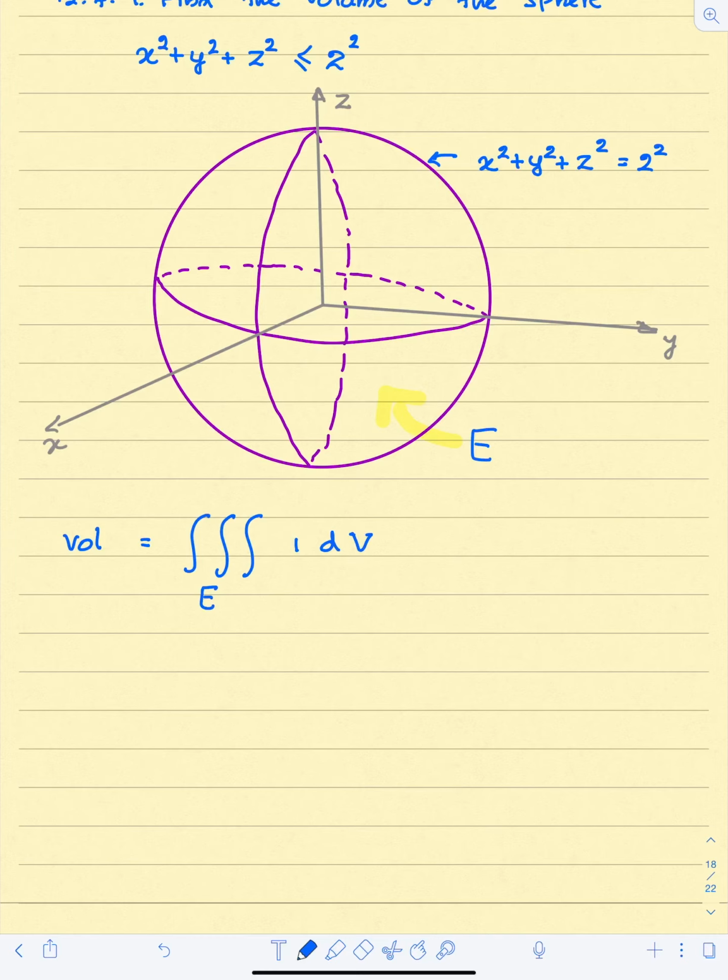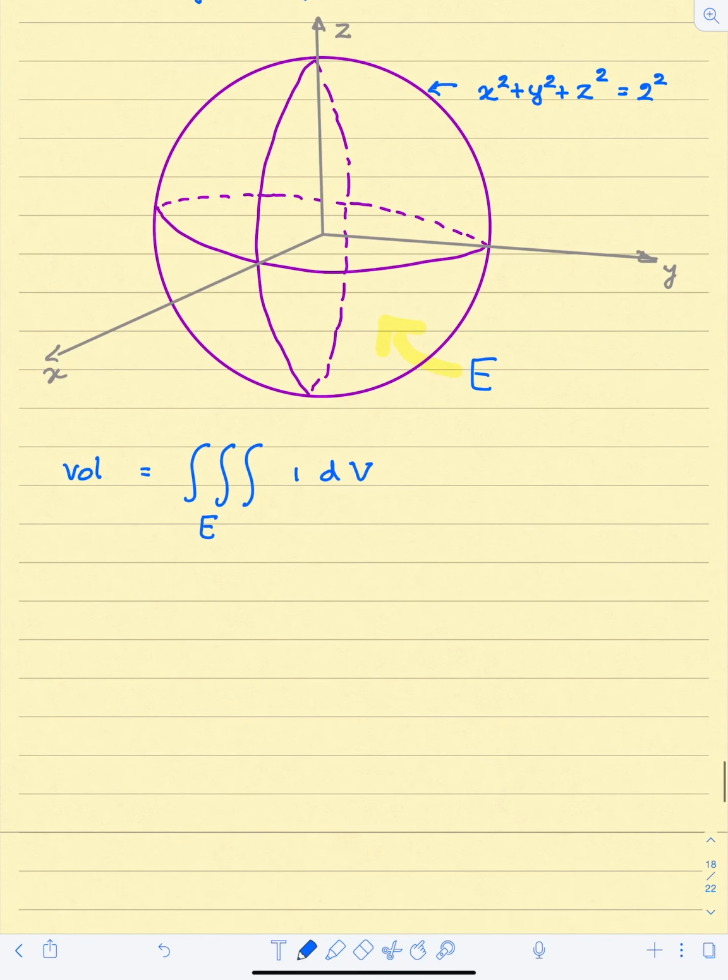Okay, now of course we are going to use the spherical coordinate system to evaluate this triple integral. Now the volume element dV equals rho squared sine phi d rho d theta d phi.